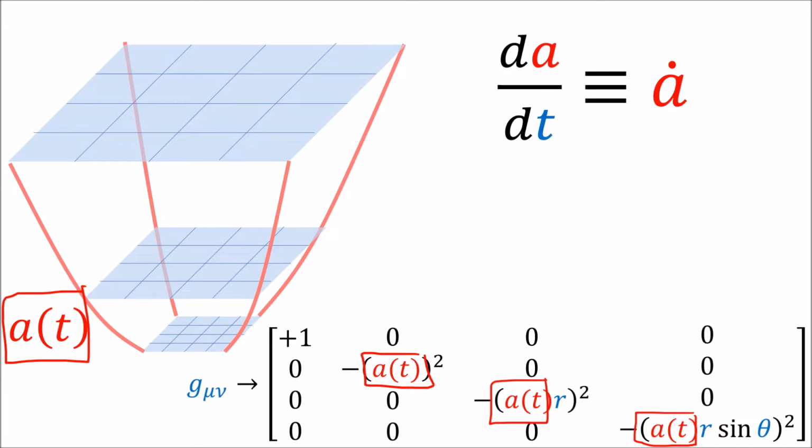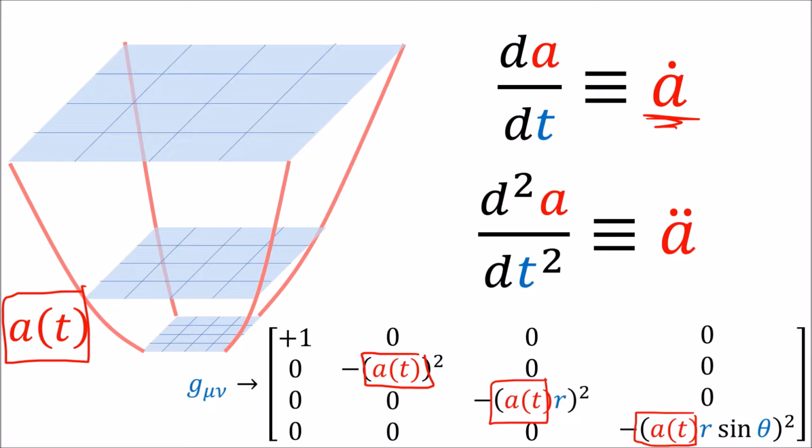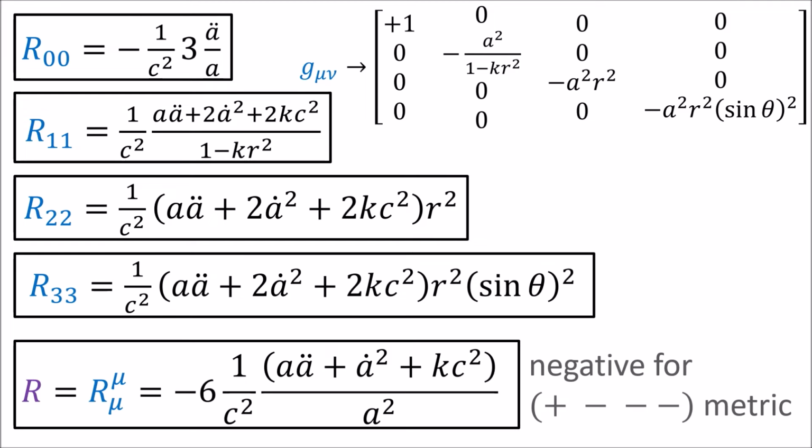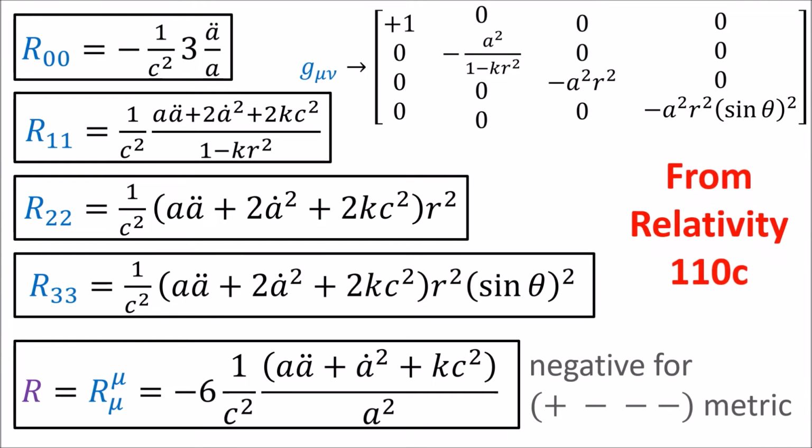Also, we're going to denote the derivative of a with respect to time as a dot, and the second derivative of a with respect to time will be denoted a double dot. We also calculated all the necessary curvature tensors related to the FLRW metric in the video Relativity 110c.